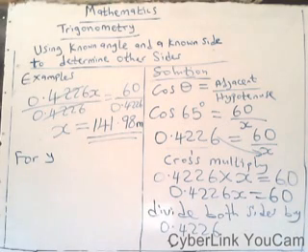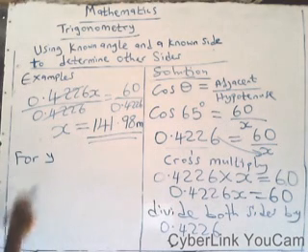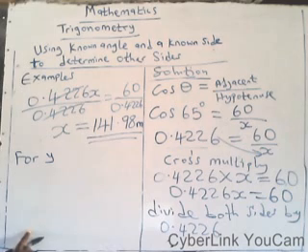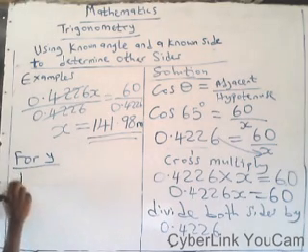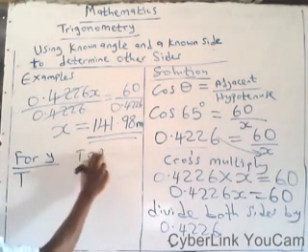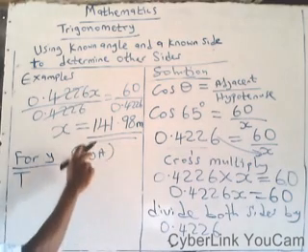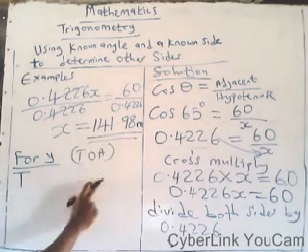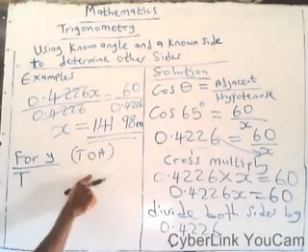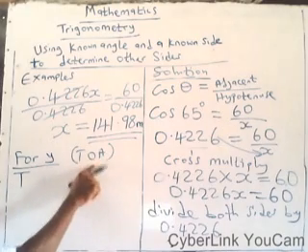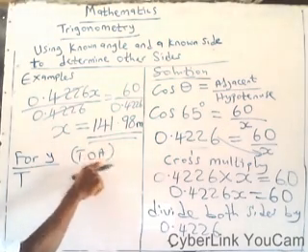For y, if you check the triangle again, for the value of y, what combines the adjacent and the opposite together? From the three relationships, it is tan, that combines the opposite and adjacent together. And do not forget, in that right angle triangle, we are given our opposite to be y, while the adjacent is 60 meters.